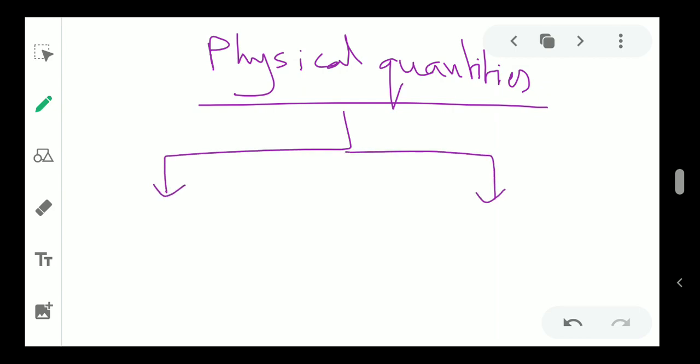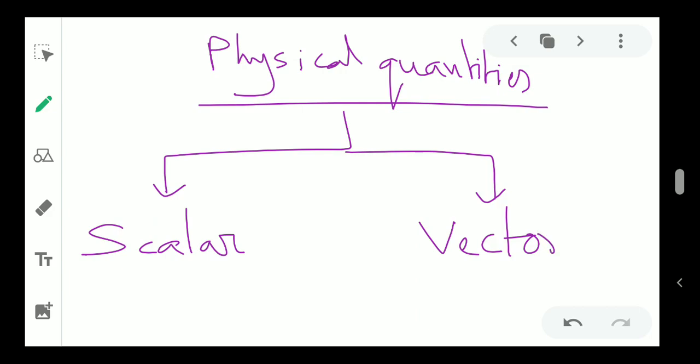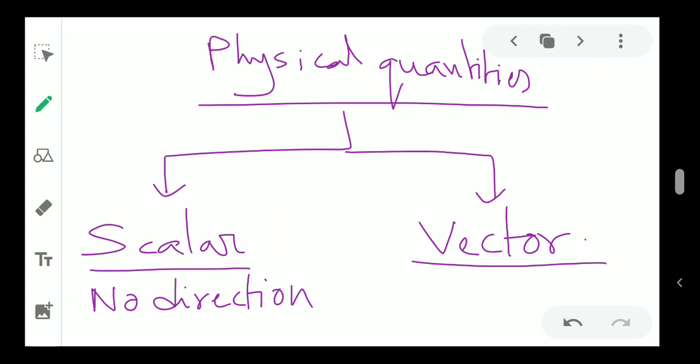One is called scalar, one is called vector. Scalar quantities are those quantities which have no direction. Vector quantities are those quantities which have definite directions.